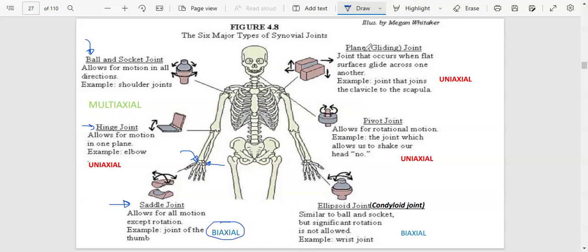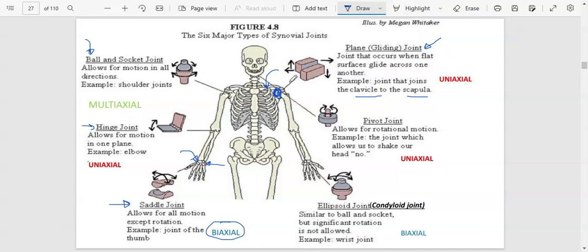Biaxial. We also have a plane or gliding joint, which is a part of a synovial joint. So this joint occurs when flat bones glide across one another. An example of such a joint is the joint that you are going to find between the clavicle and scapula. Okay, so you have got a clavicle, this bone on top here, and then you have got this bone which is a scapula.